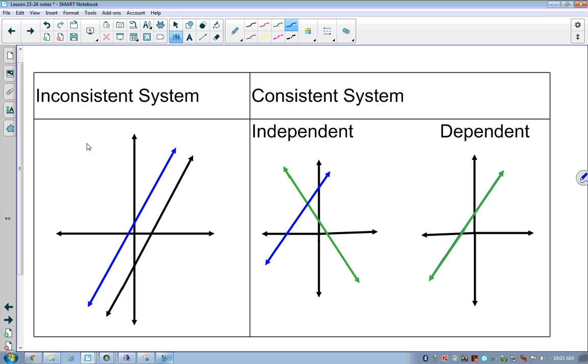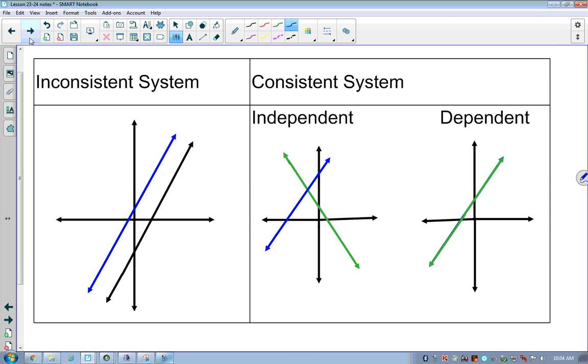Consistent system, independent and dependent. Independent whenever they cross, dependent whenever they overlap. And I tried to show the overlap a little bit. If you look really close, you can see a black line or blue line overlaid with a green line. Okay, that's where two equations represent the same line. So that chart may help you out as well. Okay?